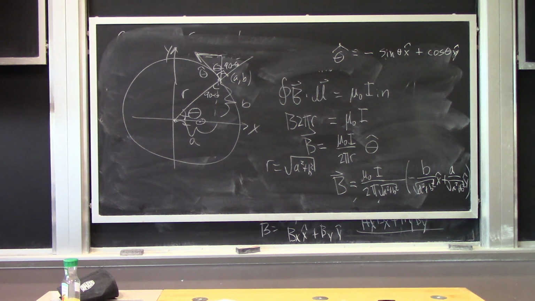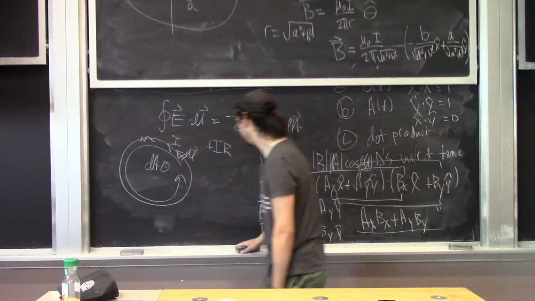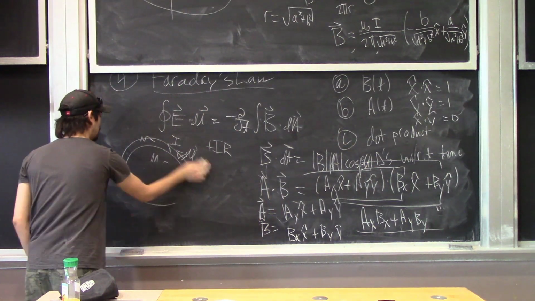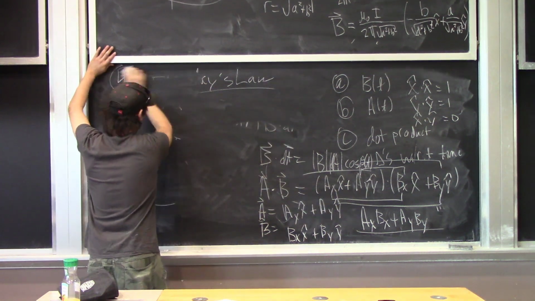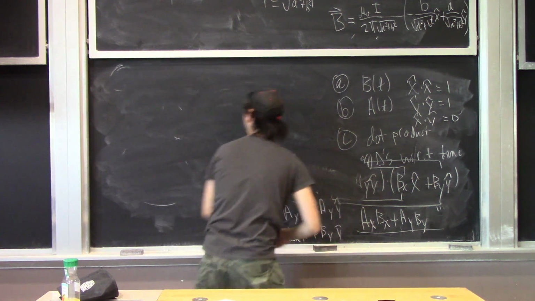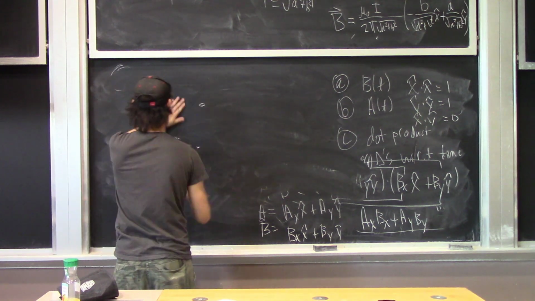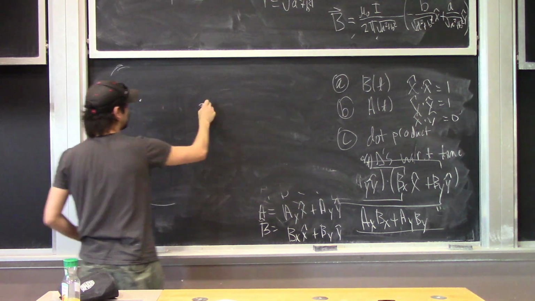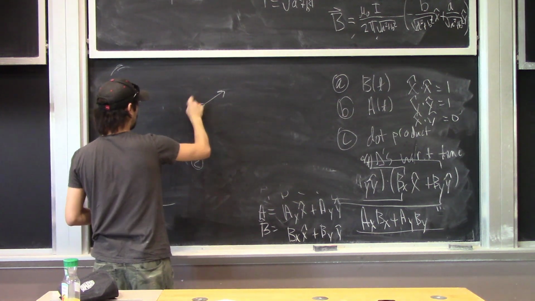So this follows in a similar way to when we talked about point charges, right? So if we had point charges and we wanted to find what the force was acting on one of them due to the rest of the system, what we said was, here's our system of charges. And then the force acting on this one, say, if this is 1, this is 2, this is 3, this is 4.